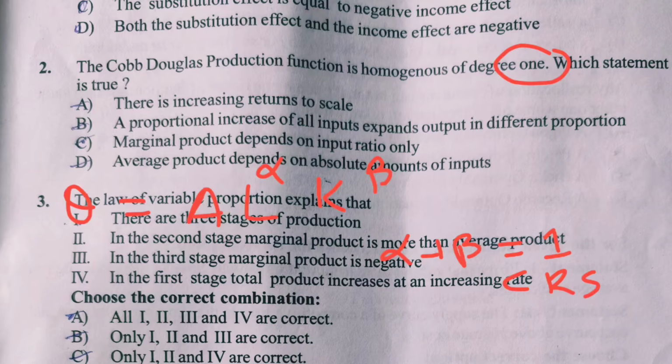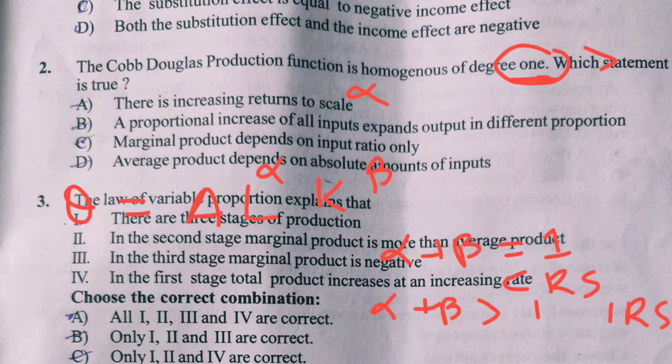The first option says it gives increasing returns to scale, so it is incorrect. Why? If alpha plus beta was greater than 1, then we would get increasing returns to scale, but since the degree here is 1, we get constant returns to scale.